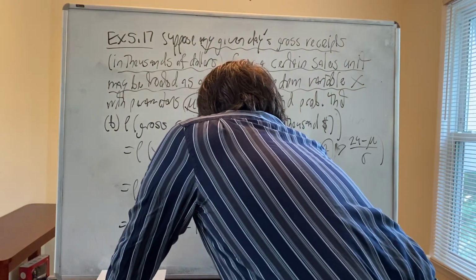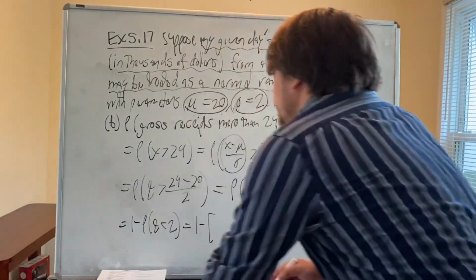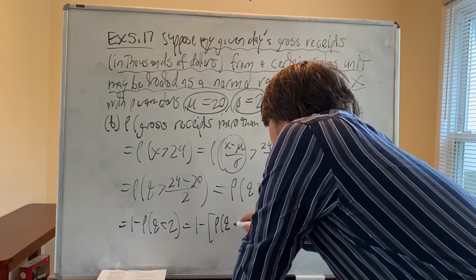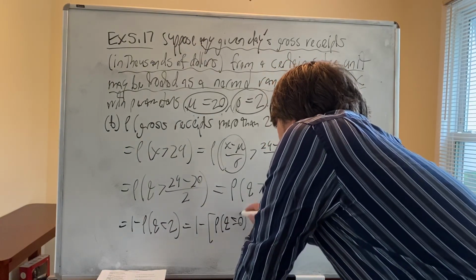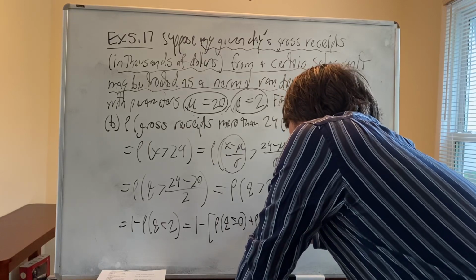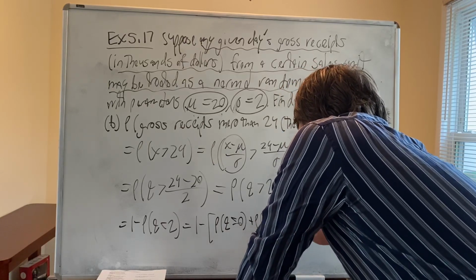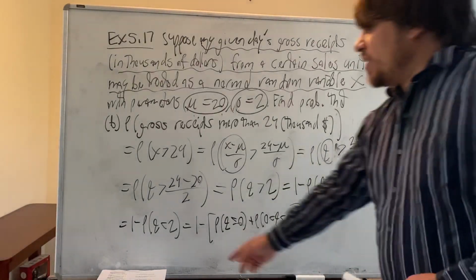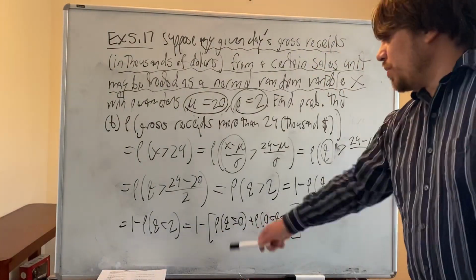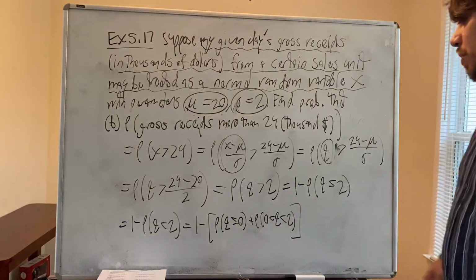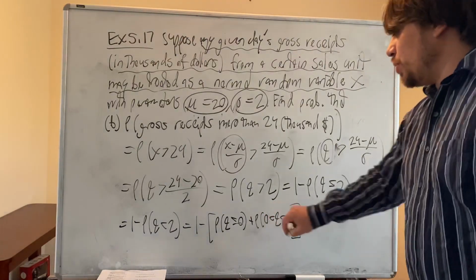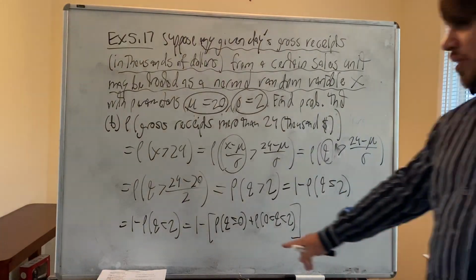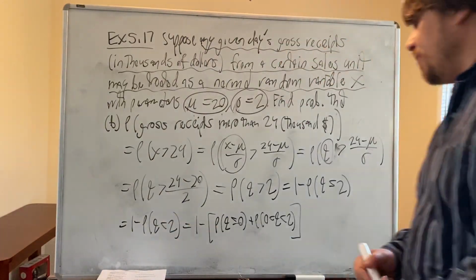That's equal to 1 minus, now the probability that z is less than 2 is the probability that z is less than or equal to 0 plus the probability that 0 is less than z less than 2. Right? So when it's less than 2, it's either less or equal to 0 or between 0 and 2. And those two events are mutually exclusive. And so the sum of those probabilities is the probability of the union, which is that.